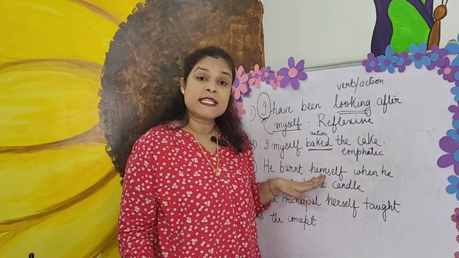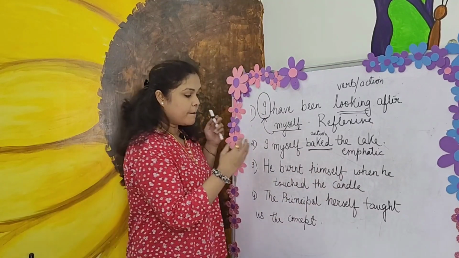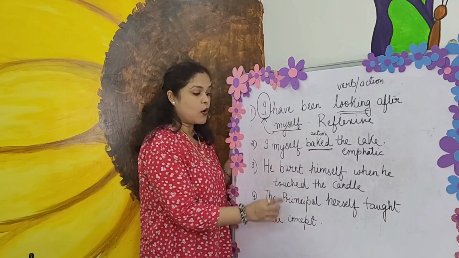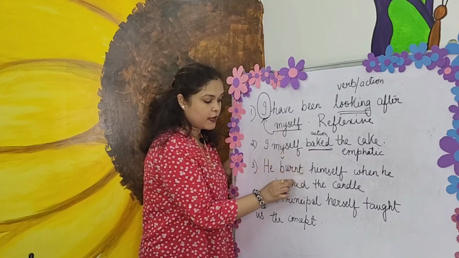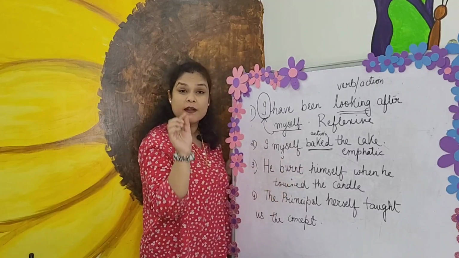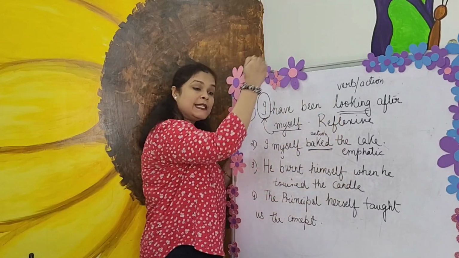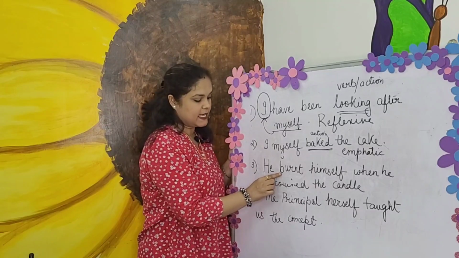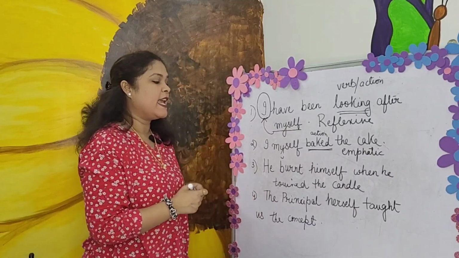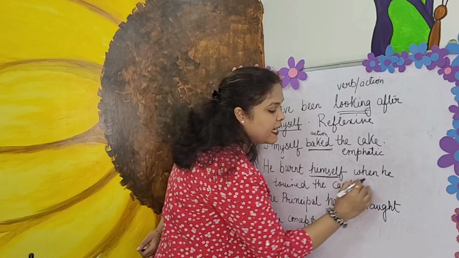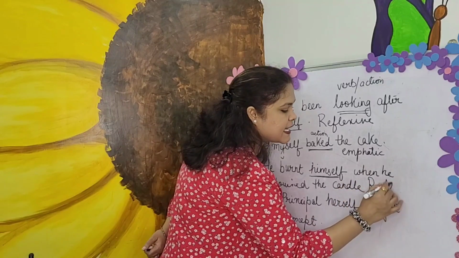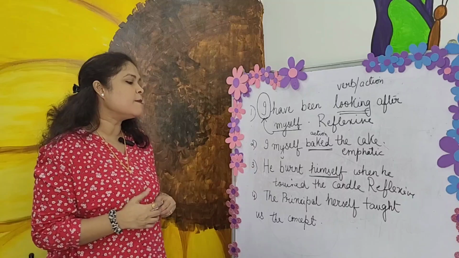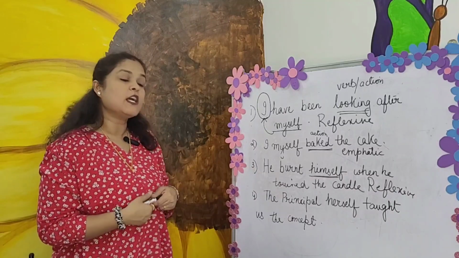Here, himself is basically the reflexive pronoun. Why? Because the action of the subject which is burning is on the subject himself, right? Or itself basically. So in this case, himself will be reflexive.